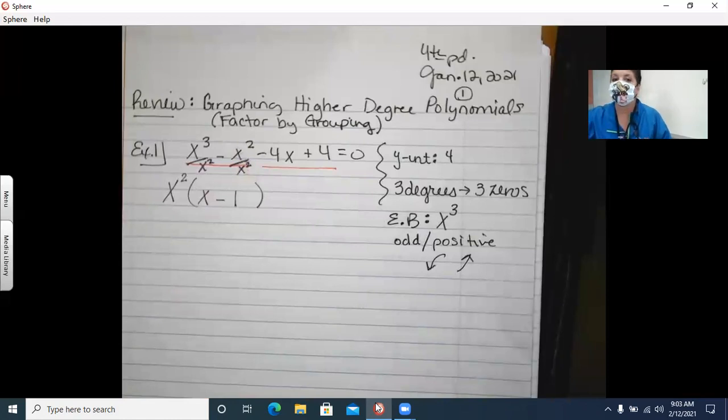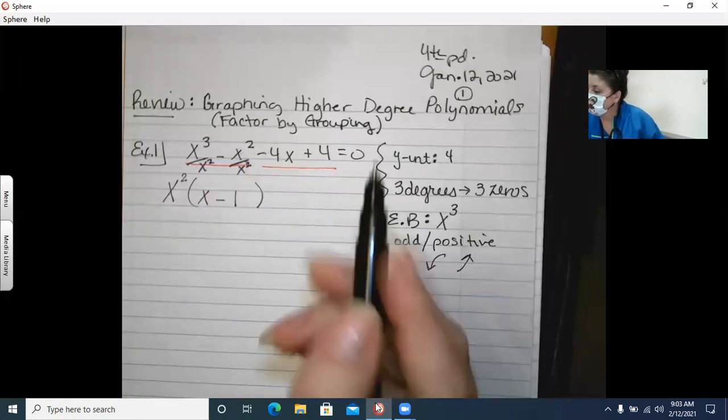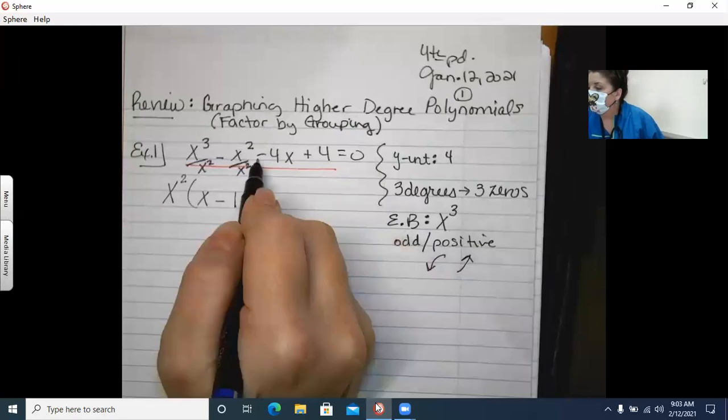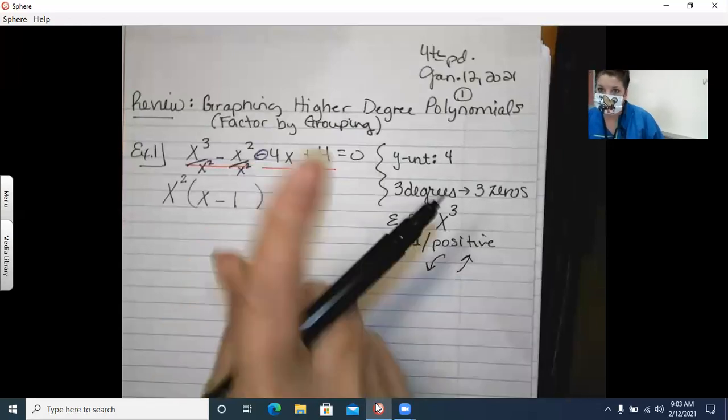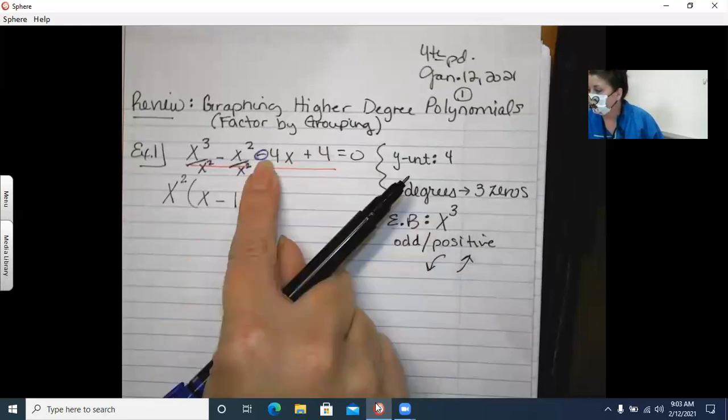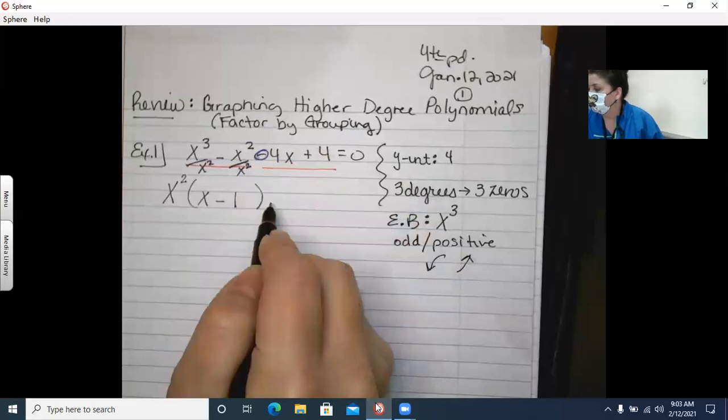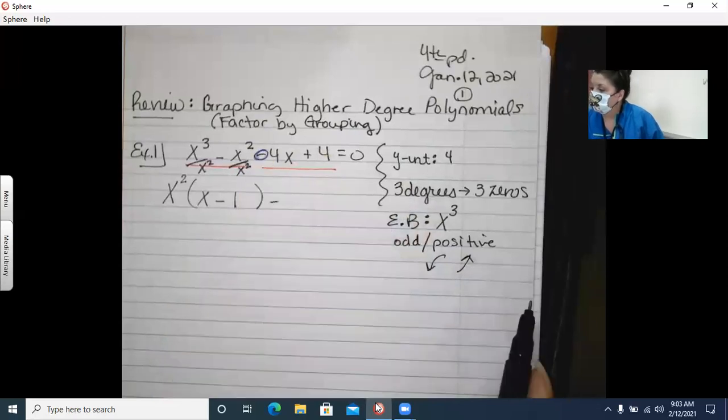All right, remember, your second group, your GCF, you have to factor out a sign. So the sign you're going to use is whatever the sign of the first term of the second group is. So in this case, it's negative. Okay, 4x and 4. What's your GCF? 4 divides into both terms evenly.